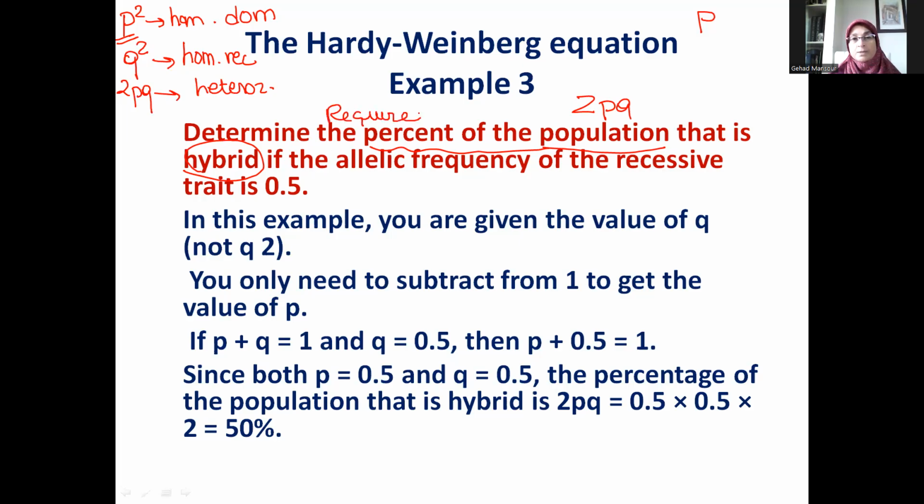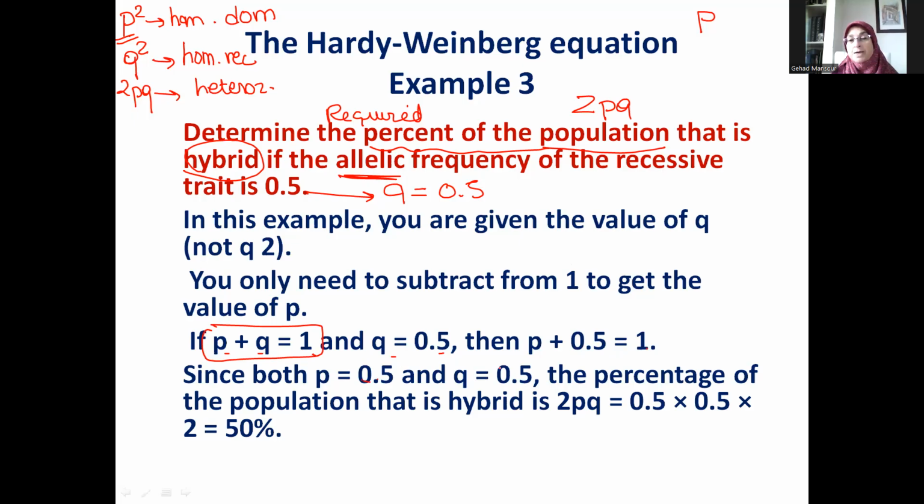Now, what is given? What is given is the allele frequency, not the population frequency of the recessive trait. How can we translate this? We can translate it as q. So here we are not given the value of q squared, but we are given the value of q. All you need is to write this simple equation, p plus q equals 1, and since q equals 0.5, then p will be equal to 0.5.